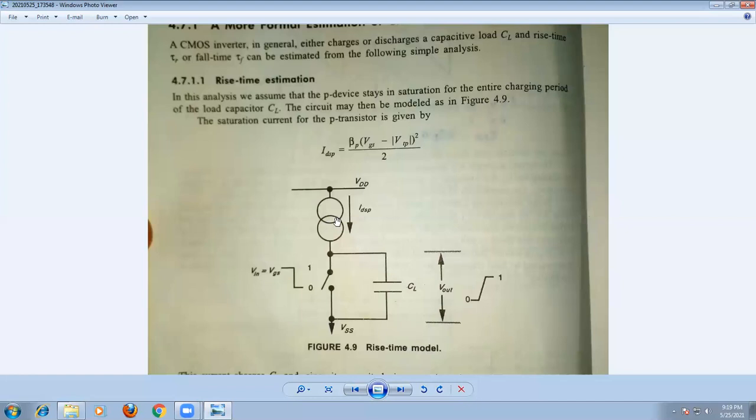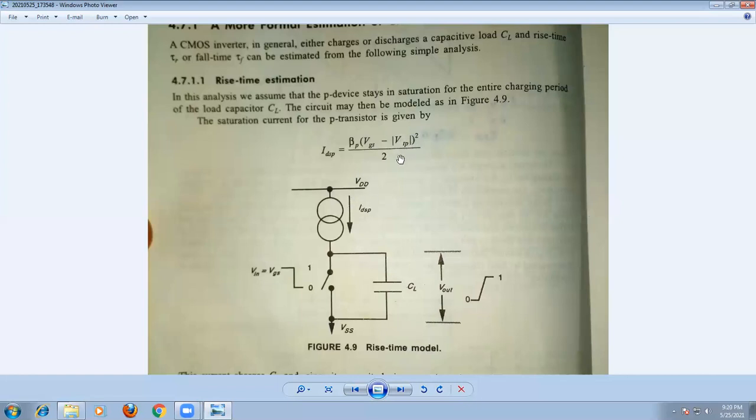We know the equation of the drain current in saturation of a field effect transistor, be it p-type or n-type. Because the p-type transistor is in saturation, the current is beta p divided by 2 into (VGS minus VTP) whole square. Here P denotes the p-type transistor, and VTP is its threshold voltage; we take the magnitude because the p-type threshold voltage is negative.